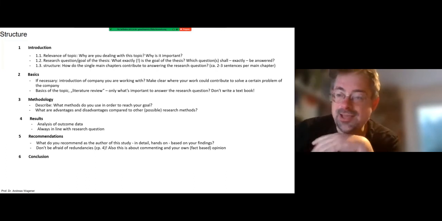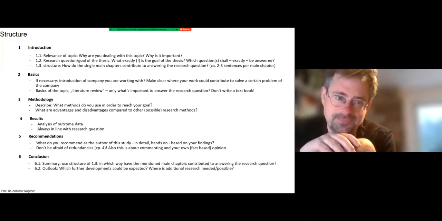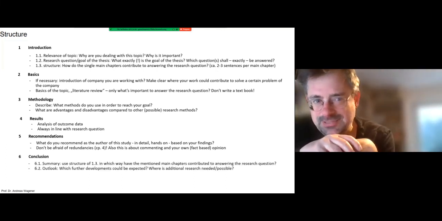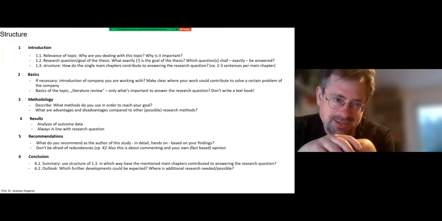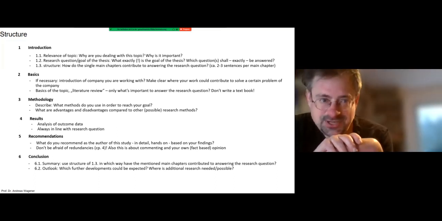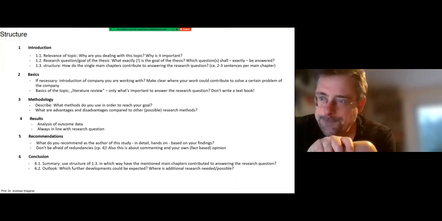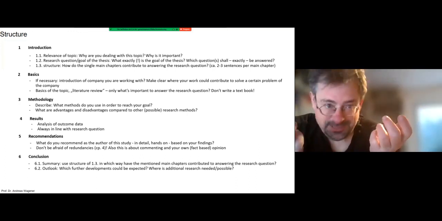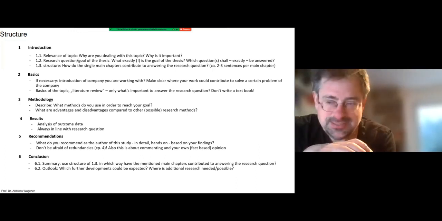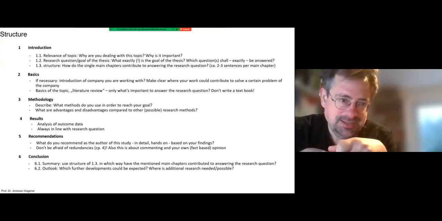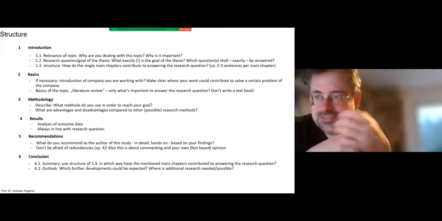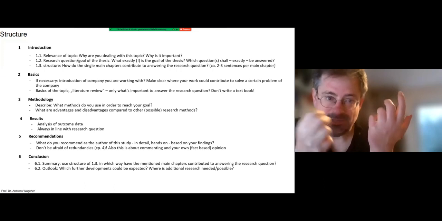And then finally, last chapter, conclusion. And by conclusion, I mean something slightly different, maybe, from the typical international academic approach. Since you already have the recommendations, the conclusion in this case is more of a summing up of everything. It's a summary of your thesis so far.